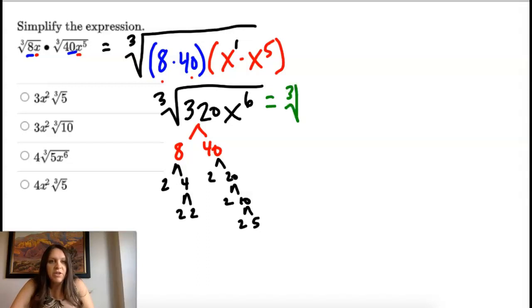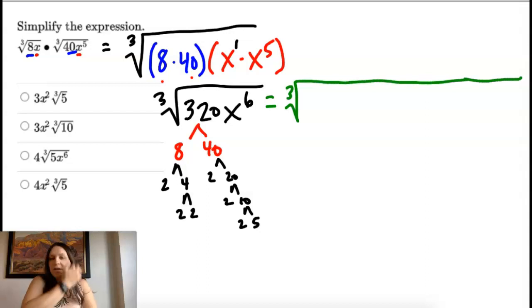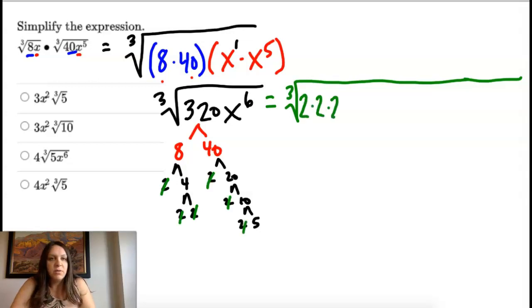So I still have a cube root, but instead of 320, I'm going to write out my factors. I have 1, 2, 3, 4, 5, 6 2's. And a 5. And then I also have 6 x's.